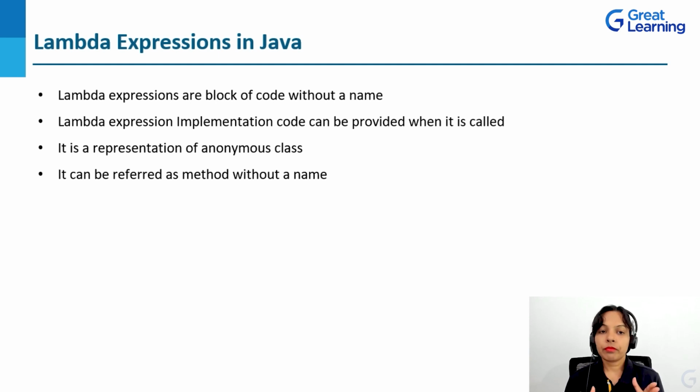It is similar to the anonymous class in that even an anonymous class doesn't have any name assigned to it, and it is declared or defined there itself where it is required. Similarly, a lambda expression doesn't have any name assigned to it, and it is defined there itself where it is required. Second, it can be referred to as a method without a name.